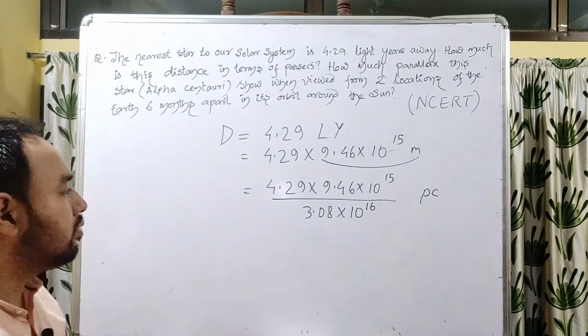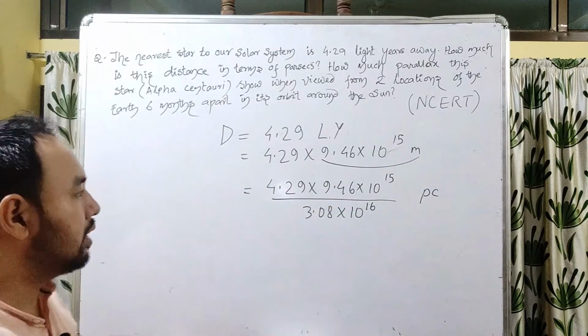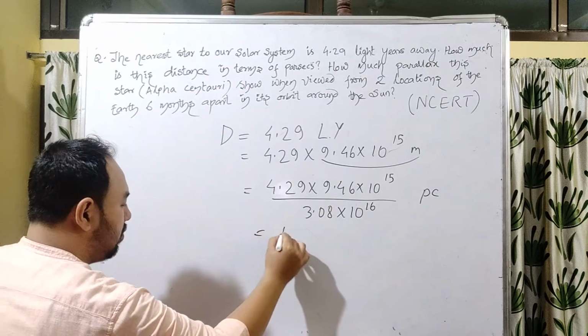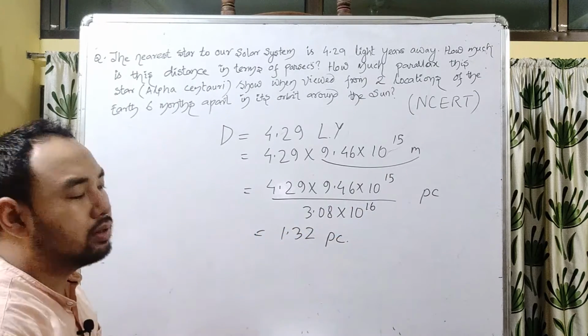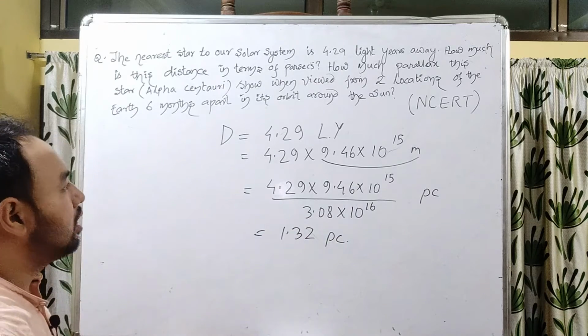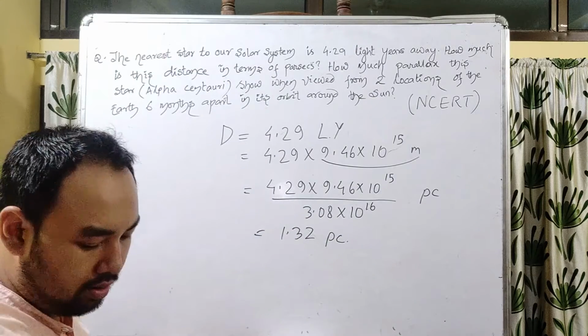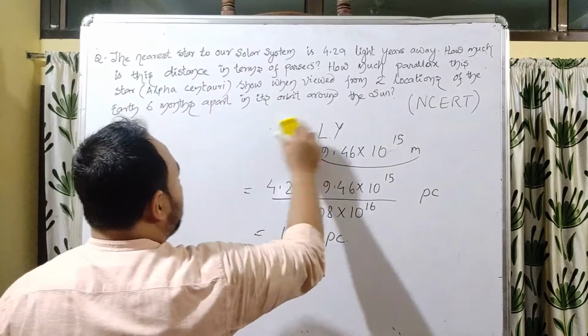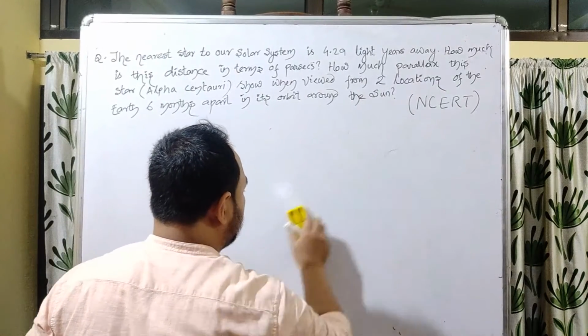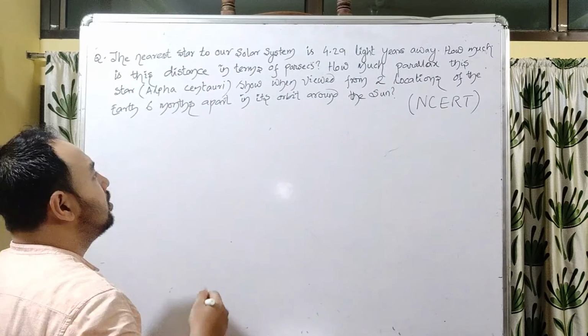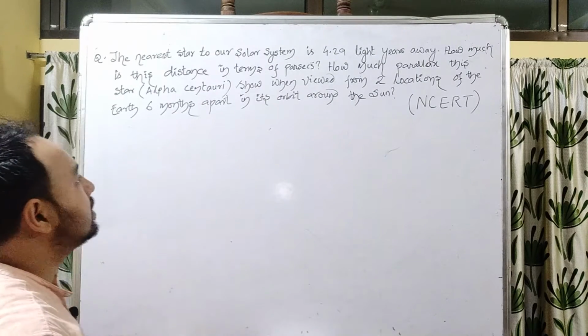Okay, so now if you calculate this, you will get the answer to be around 1.32 parsec. So this finishes the first part. Now we will move on to the second part.